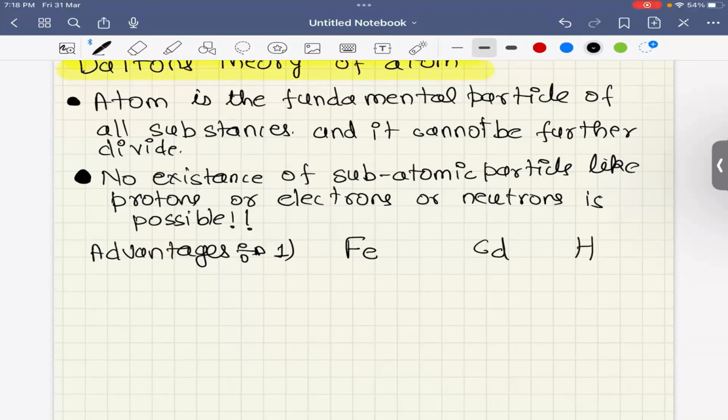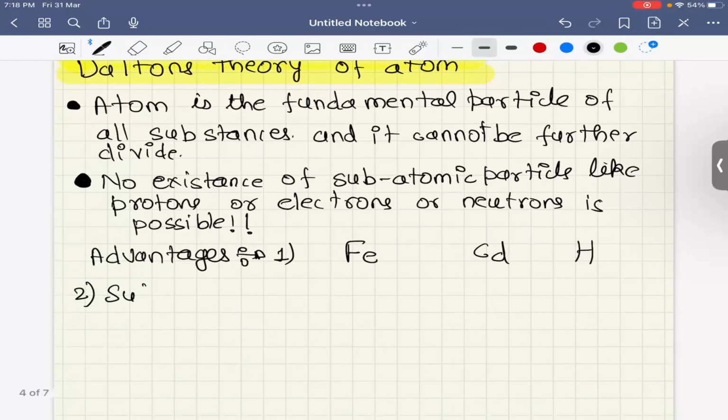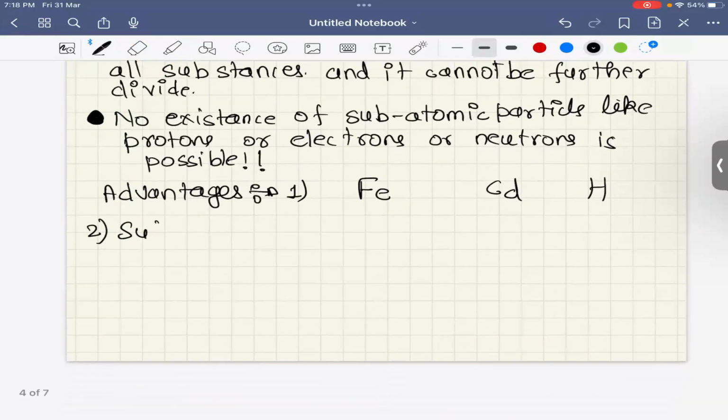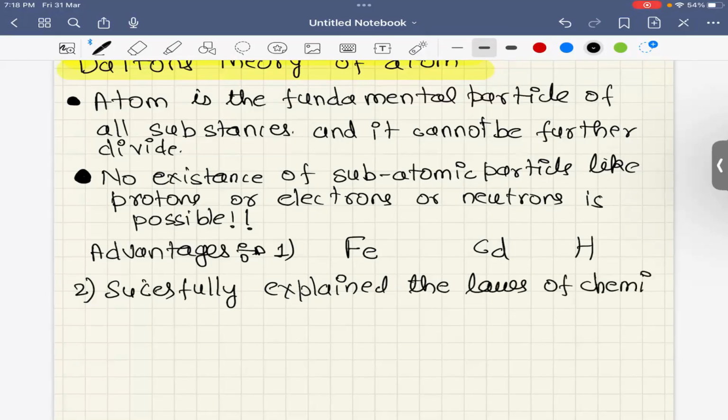Hence, because of this, it was able to successfully explain the laws of chemical combination.